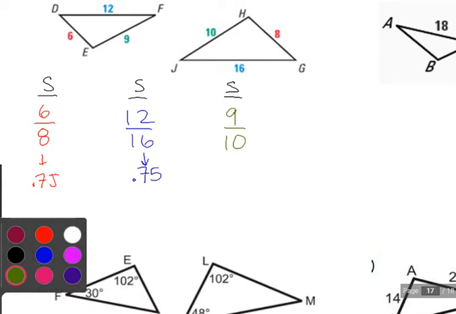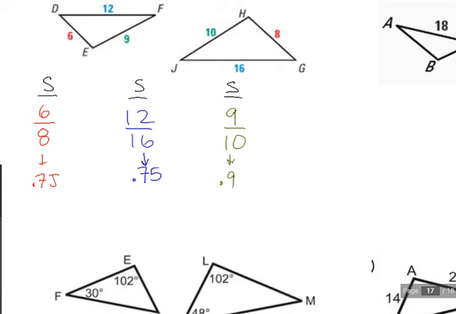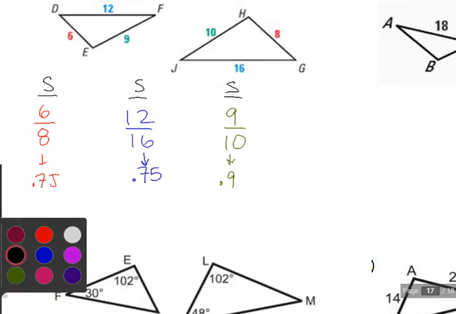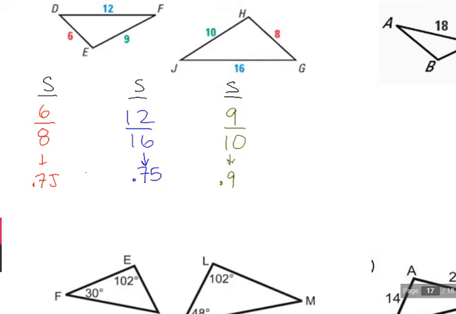So we have two ratio values that are clearly the same, 0.75 and 0.75, but that is not equal to the final ratio value that is 0.9, which means these two ratios are the same, this ratio is not the same, and for side-side-side similarity to work, all the sides have to have the same ratio value.